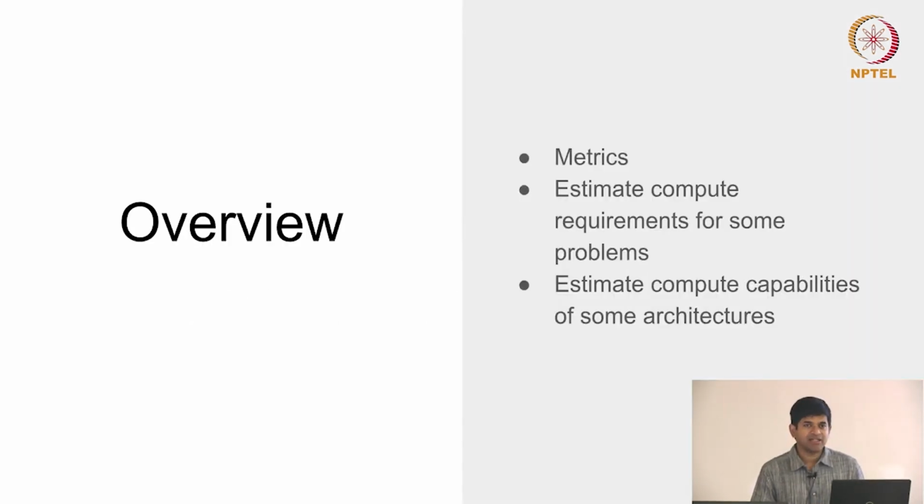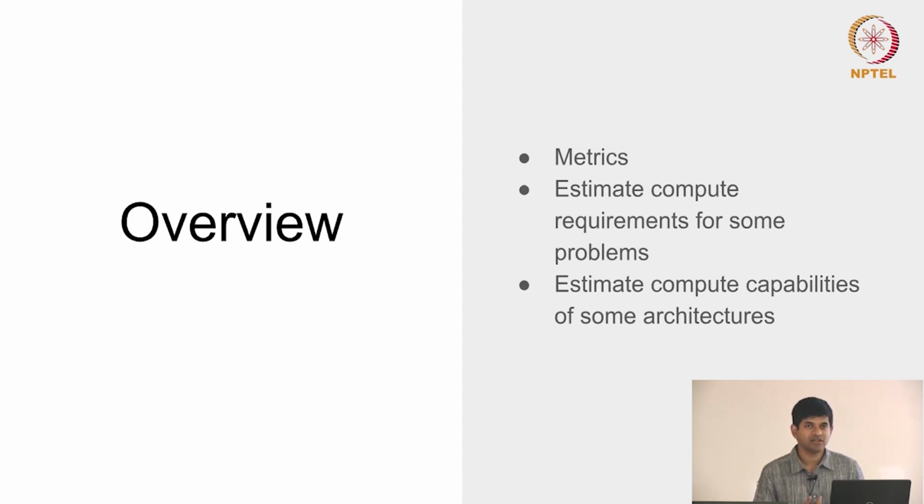So we'll start basically by defining a few metrics. What I mean by metrics is some kind of numbers that are typically mentioned when we talk about how effective is this computation, or what kind of compute requirements are there, okay? And then we look at three different problems and very approximately try and estimate their computational requirements, okay?